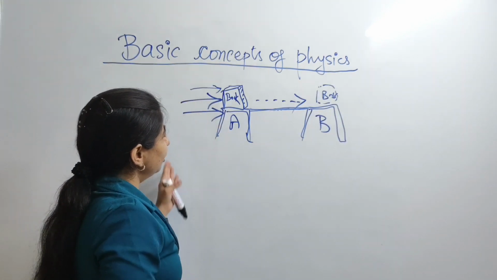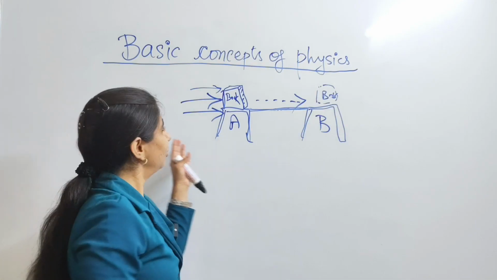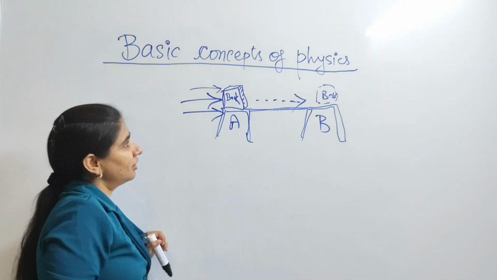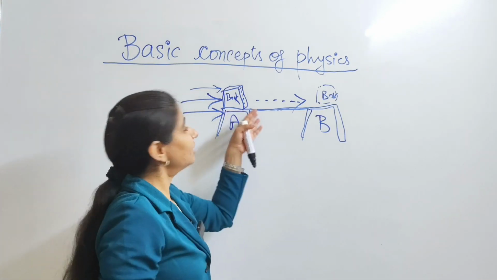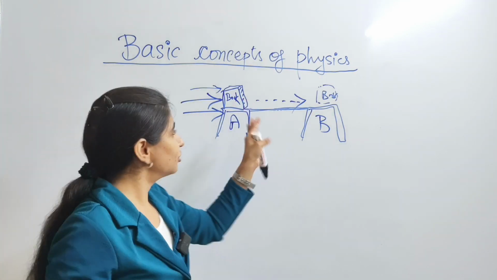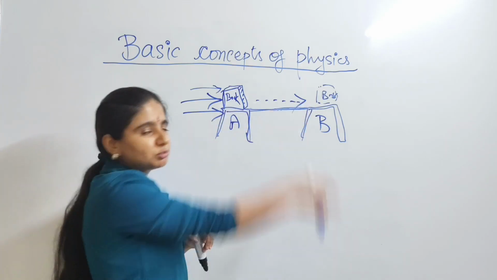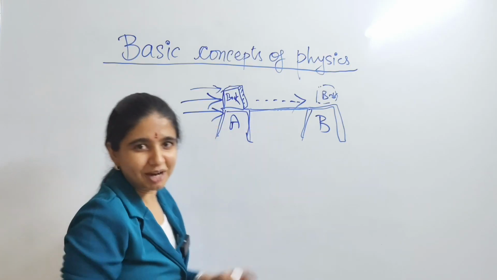So what should an object contain to move from one place to the other place? Mass is there, matter is there, energy is produced. But basically what it contains, in which direction it is moving, that matters, right? And what is the heaviness of the object, that also matters, right?